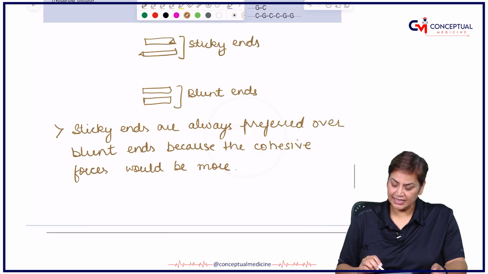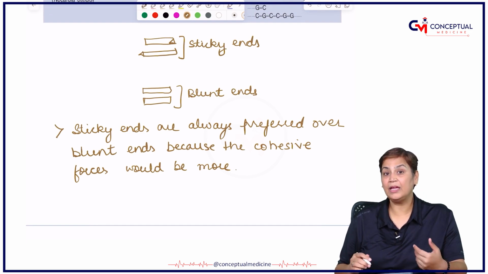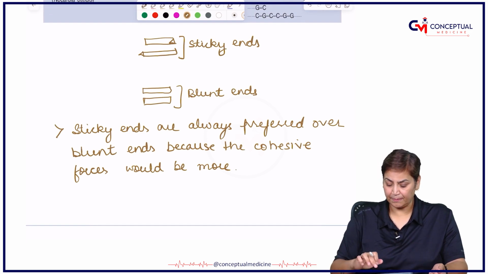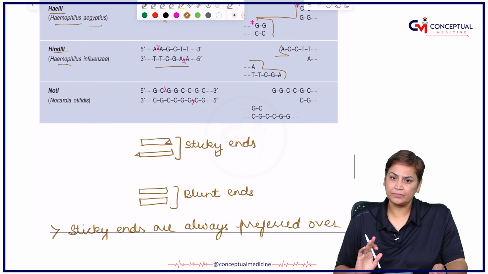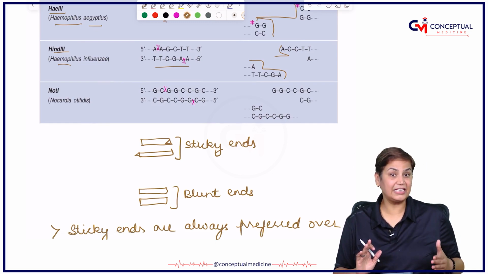So I can say that sticky ends are always preferred over blunt ends because the cohesive forces would be more. And here I will just give you the example of the ligase fragment, which actually can incorporate sticky ends even if blunt ends are there. This is again very, very important, right? So we have to cut DNA at specific sites.